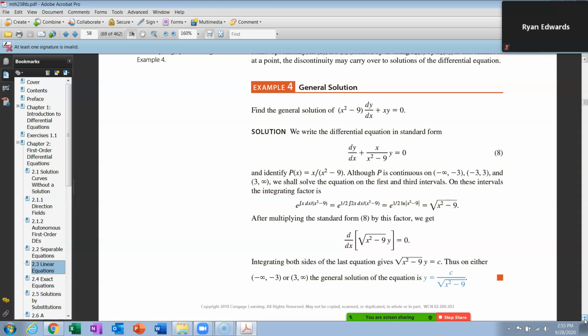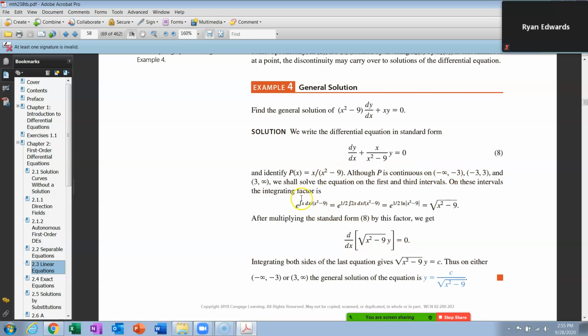It says here, although p is continuous on negative infinity to negative 3, and they say, and it would be, p would be continuous on minus 3 to 3 and 3 to positive infinity. In other words, the only two places it's not continuous is at minus 3 and plus 3.